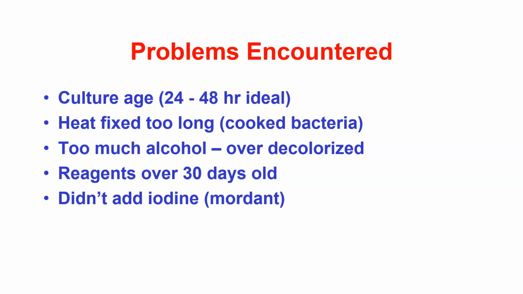Too much alcohol, which is very easy to do, we call that over-decolorization. Over-decolorization, it's going to leave it as a gram negative bacteria. If the reagents are too old, that can be a problem as well, as can if you don't add the iodine. So when you do this, you have to make sure that you do everything in the proper procedure and in the proper way in order to be able to get the best result out of it.